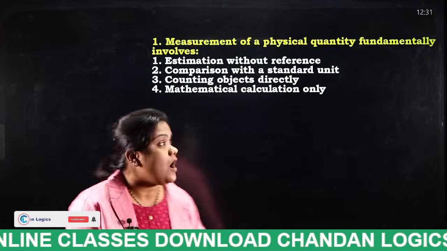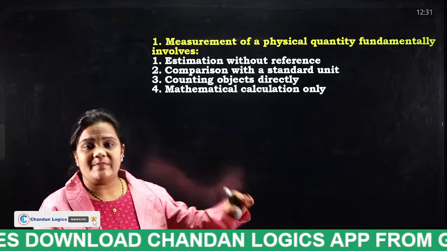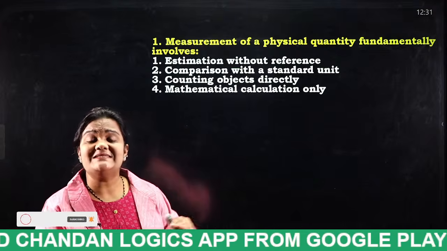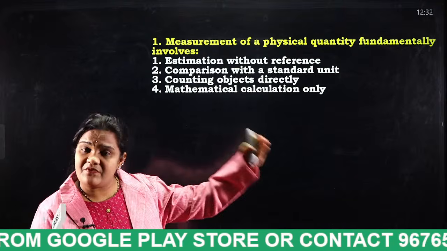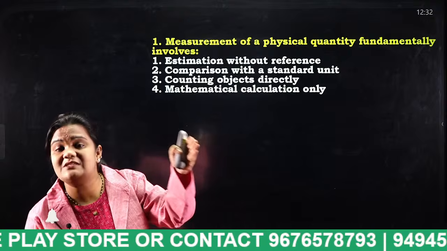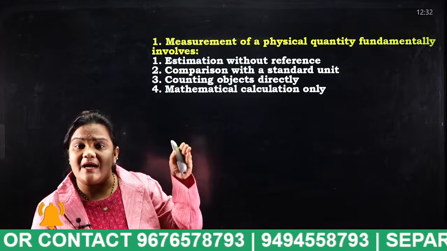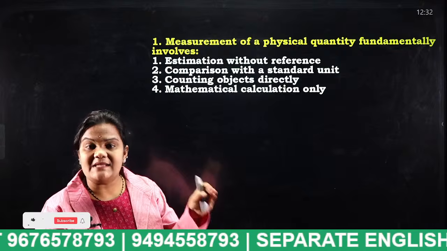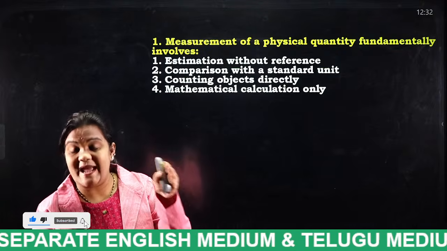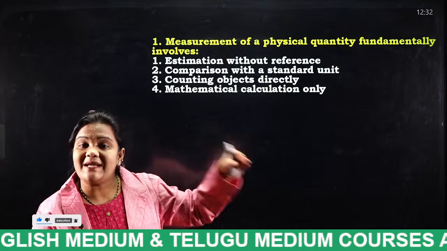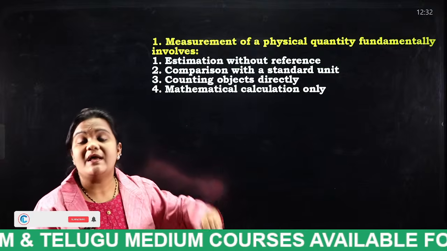As I told you already, what is measurement? Measurement is a comparison process. One person's weight is 50 kgs and another person's weight is 40 kgs. The numerical value is considered as magnitude, and kg is considered as the unit. Numerical value into unit is known as measurement.